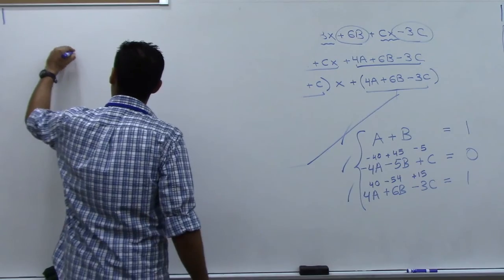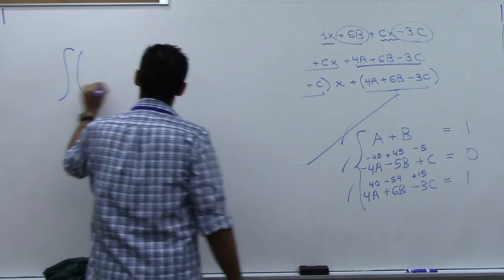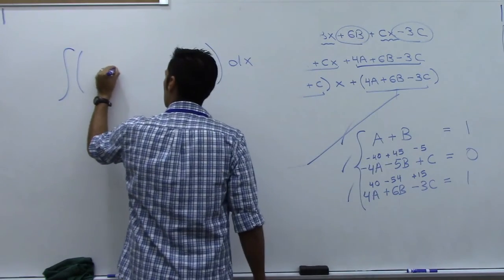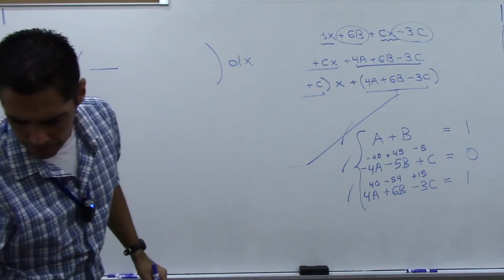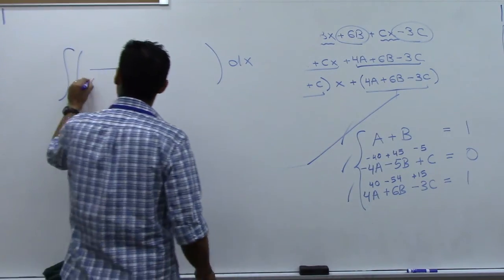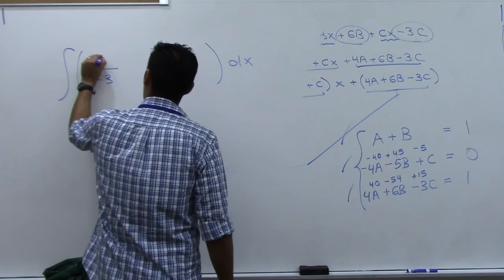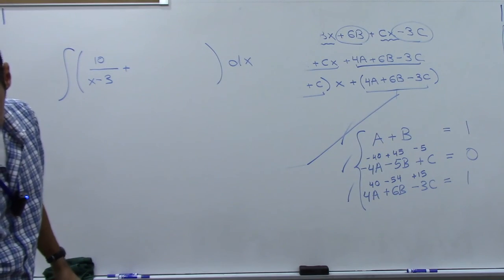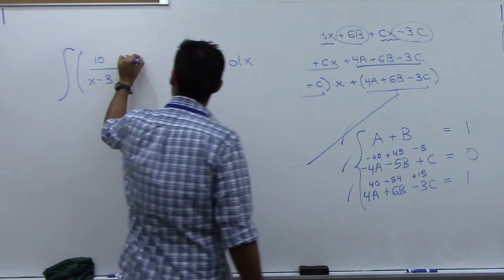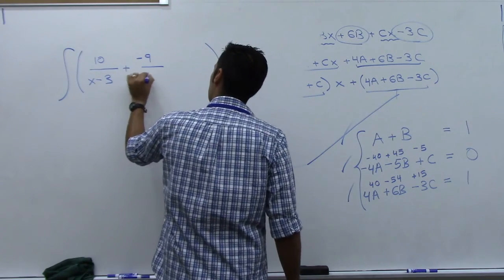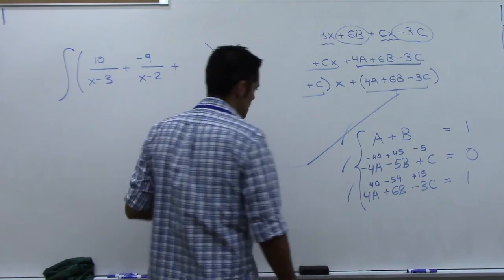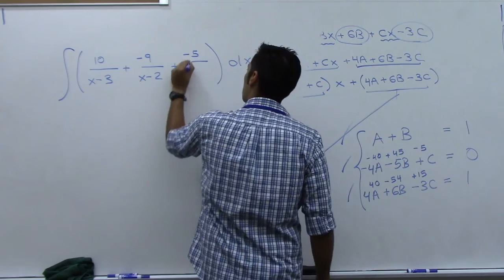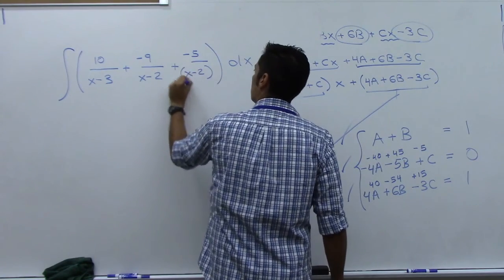So the original integral turns into a over x minus 3, and a was 10, plus b, which we said was negative 9, over x minus 2, and then plus c, which was negative 5, over x minus 2 squared.